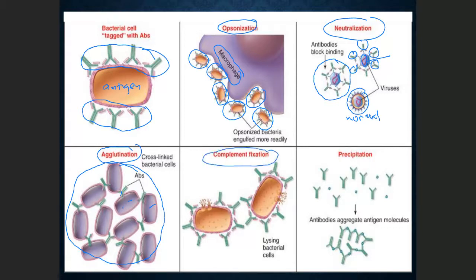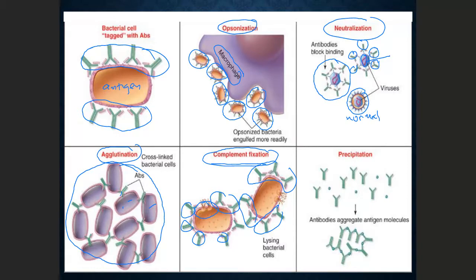Complement system, we still remember the complement system where the protein digs holes in the bacterial cell. The antibody is also able to produce a similar action, which is digging holes in the bacterial cell. This is called complement fixation.